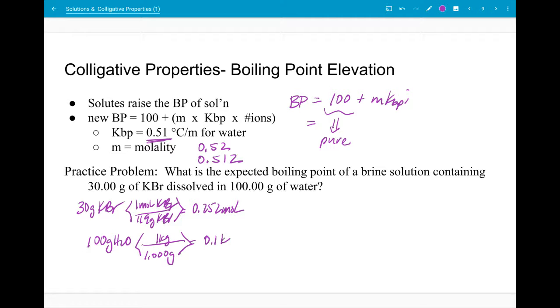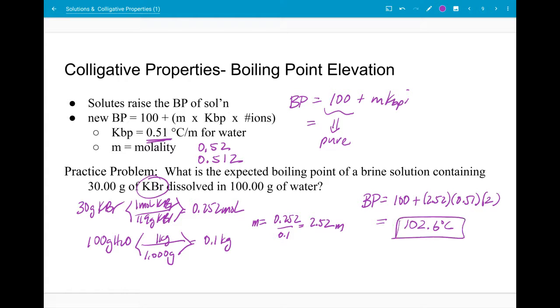That's 0.1. So the molality is 0.252 over 0.1. Now we're going to find our new boiling point, which is 100 plus the molality times my constant times I, which would be 2, 1 K and 1 Br. And we find it to be 102.6 degrees C.